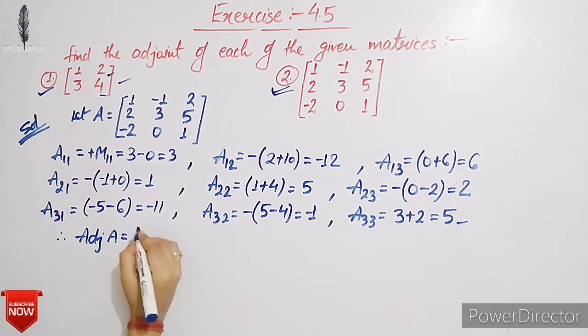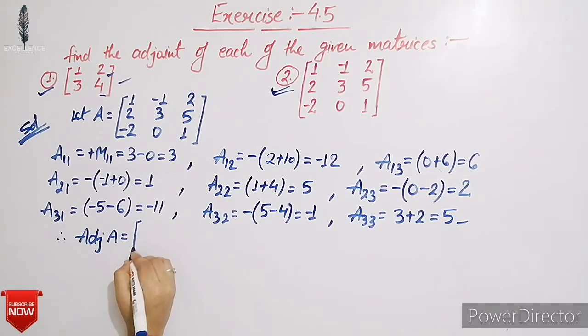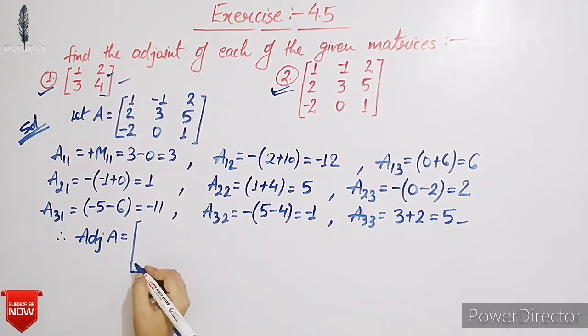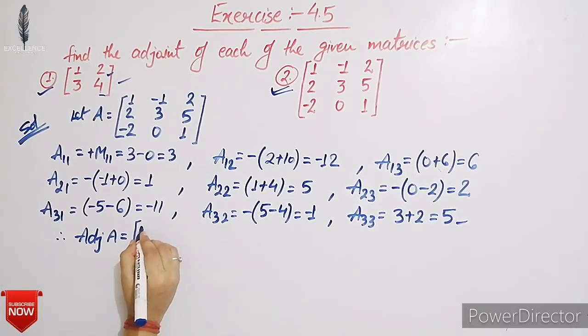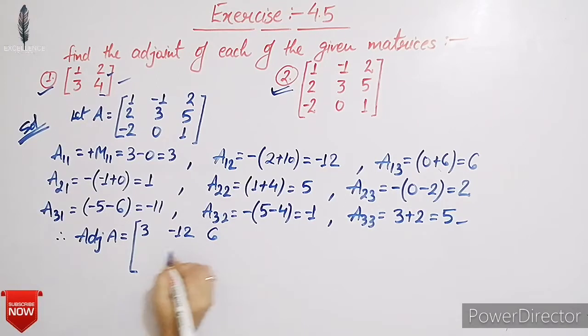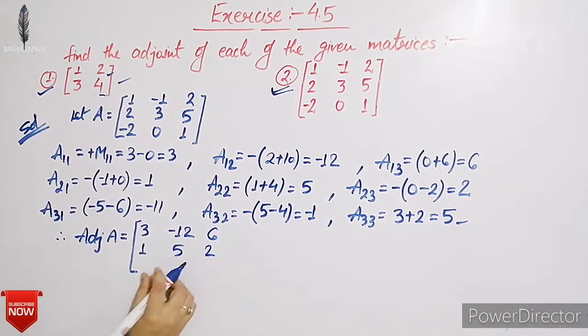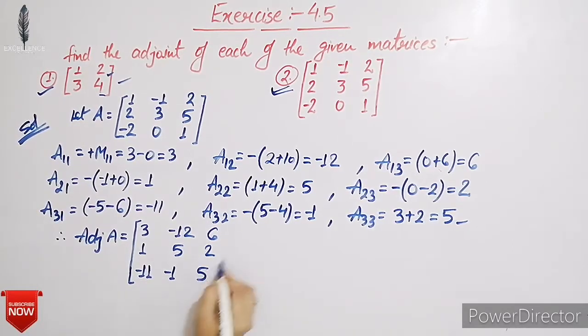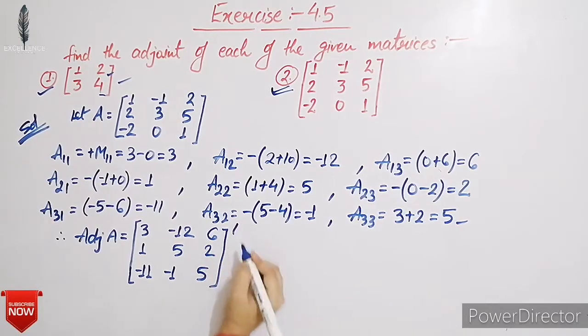is equal to cofactor matrix is 3, here minus 12, 6, 1, 5, 2 and here minus 11, minus 1 and 5 and its transpose.